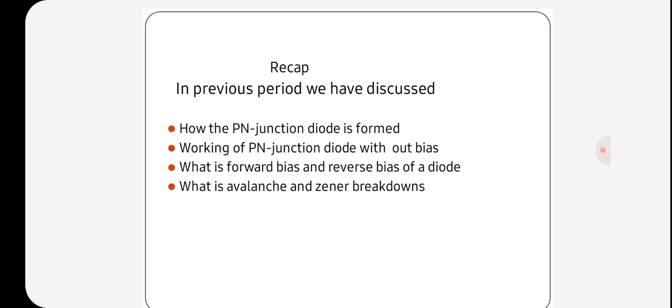The potential barrier is of the order of 0.3 volts for germanium and 0.7 volts for silicon. In the potential distribution diagram, the electric field set up by the potential barrier prevents the respective majority carriers from crossing the barrier region.